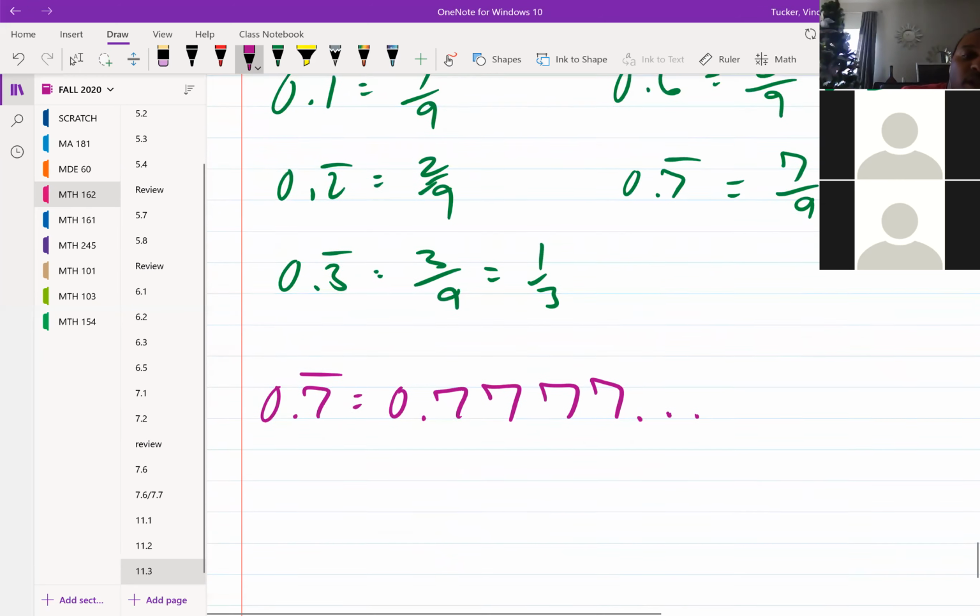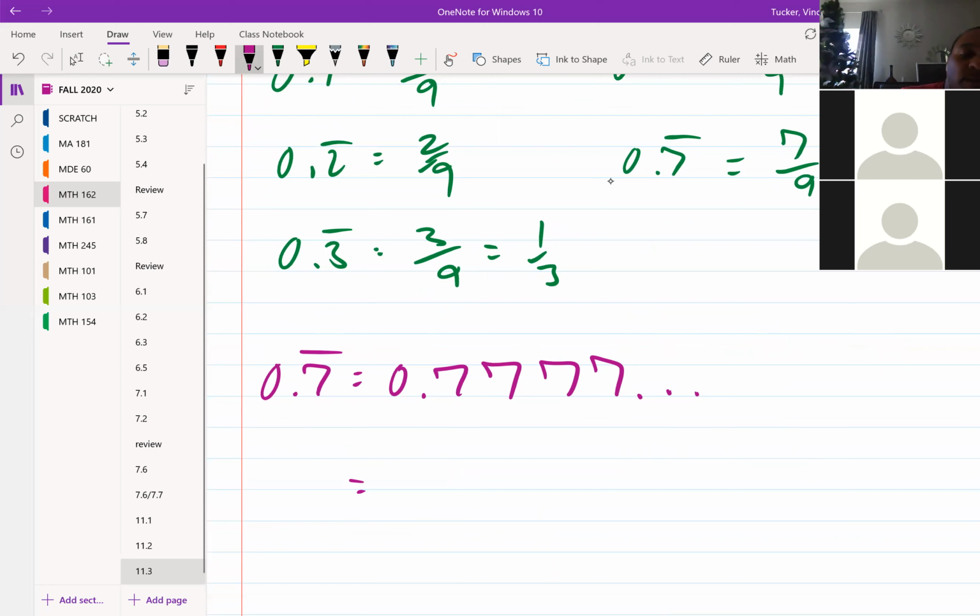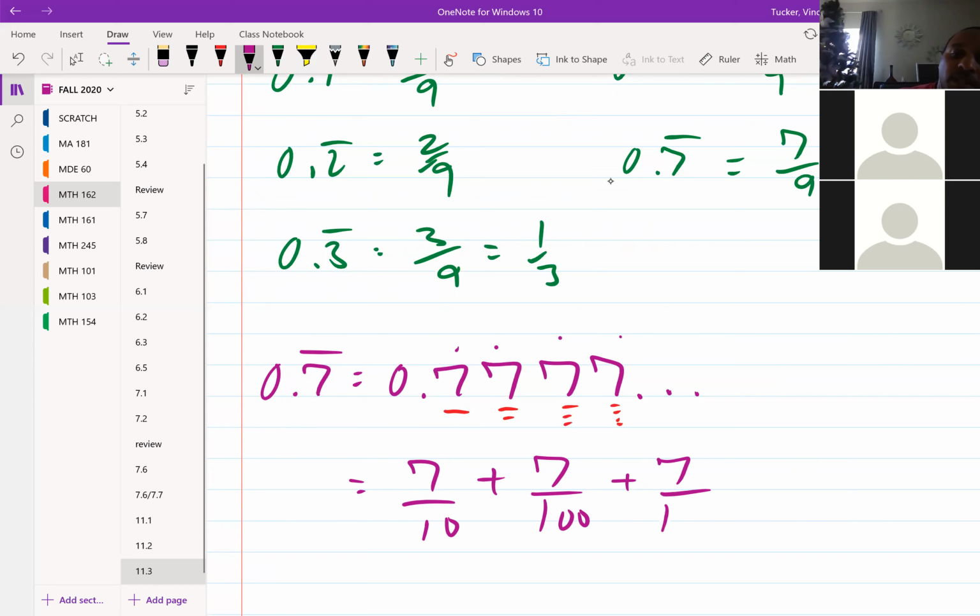If I want to write this as a sum, looking at each digit, the first one is 7 over 10, plus the next, which is 7 over 100. This is the tenths place, hundredths place, thousandths place, ten-thousandths place: 7 over 1,000, and then 7 over 10,000, and so on.